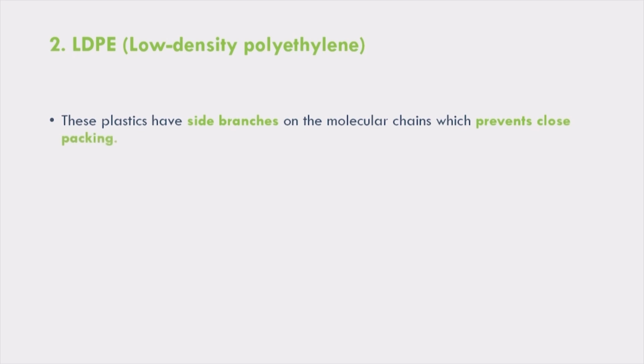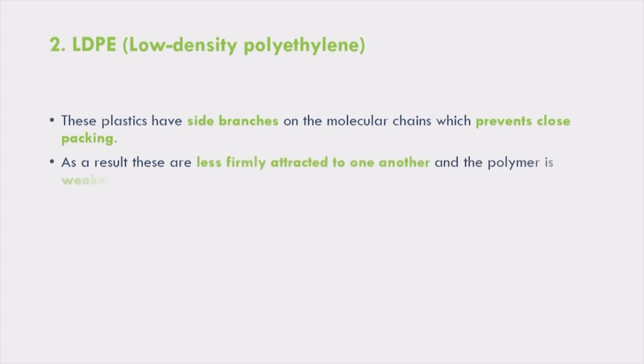LDPE, low density polyethylene. These plastics have side branches on the molecular chains which prevents close packing. As a result, these are less firmly attracted to one another and the polymer is weaker, softer and more flexible. This may be transparent or opaque.